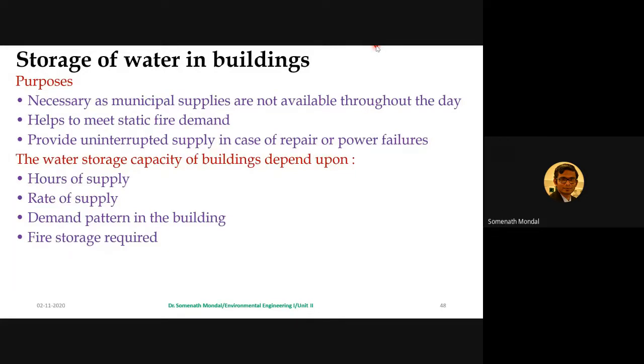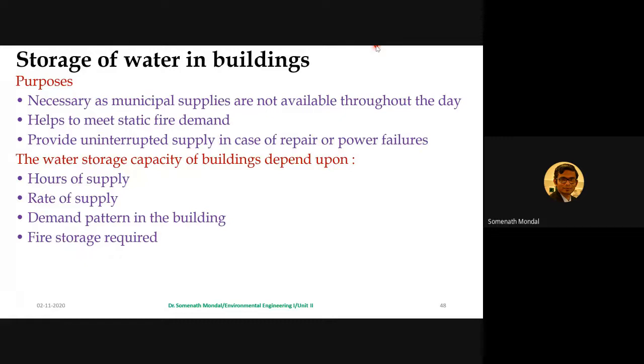The water storage capacity of buildings depends upon the hours of intermittent supply and the rate of supply, meaning at what rate water is coming and how much time it will take for a particular tank volume to completely fill.